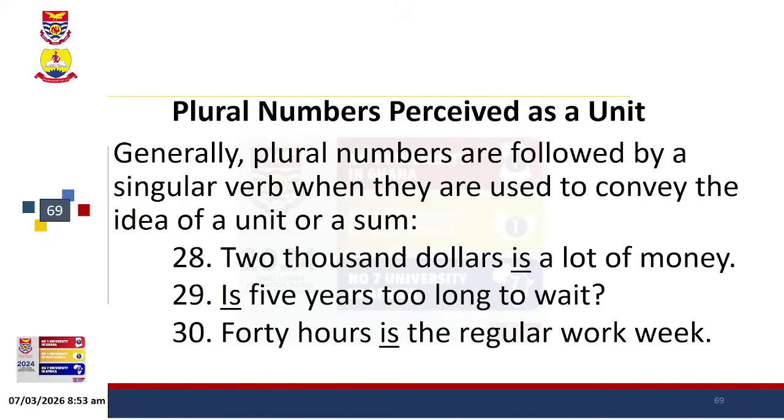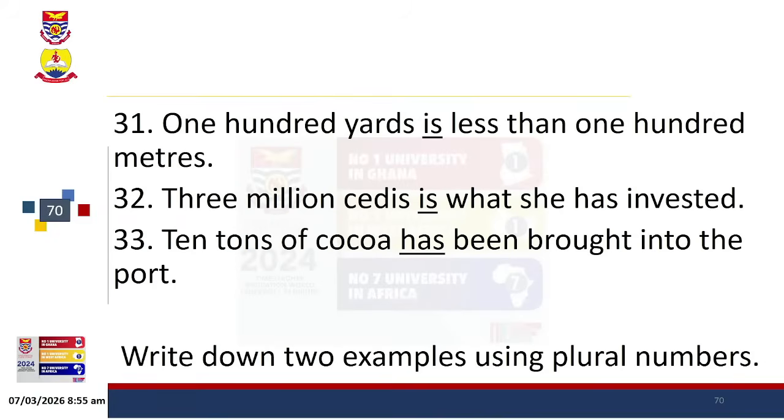So plural numbers can be perceived as a unit. When they are so perceived as units, we consider them singular. 100 yards is less than 100 meters. 100 yards is a measurement. 3 million cedis is a measurement of unit or currency, is what she has invested. 10 tons of cocoa has been brought into the port.